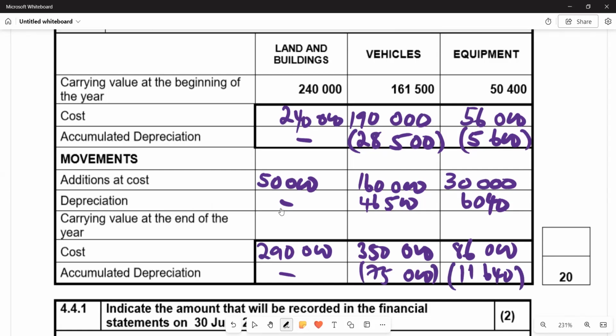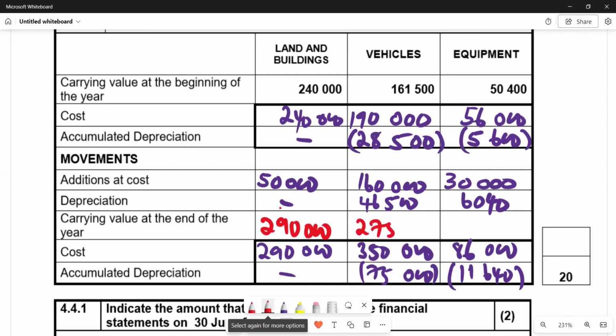So basically now, for land and buildings, it still remains 290,000 because 290,000 minus 0 gets 290,000. 350,000 minus 75,000, let's see, your 350 minus 75, you're going to get 275, which is your carrying value at the end. 86,000 minus 11,640, you are going to get 74,360.